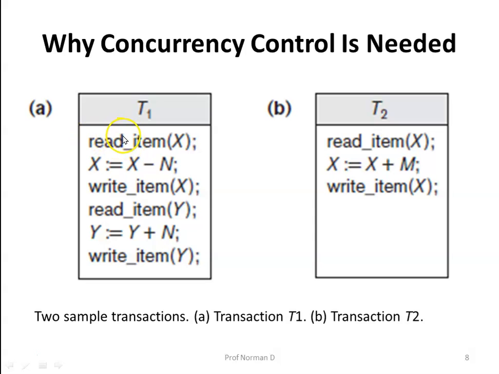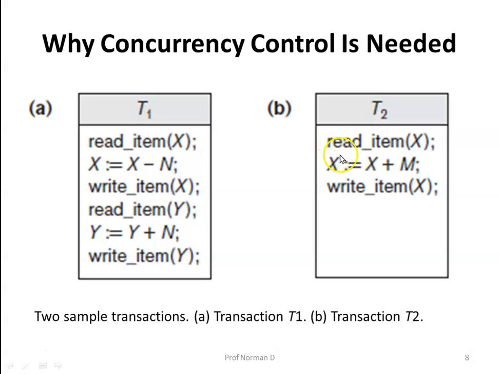Now figure A, that is transaction T1, transfers n reservations from one flight whose number of reserved seats is stored in the database item named X to another flight whose number of reserved seats is stored in the database item named Y. Whereas in figure B, we have transaction T2 that just reserves m seats on the flight X, referenced in transaction T1.